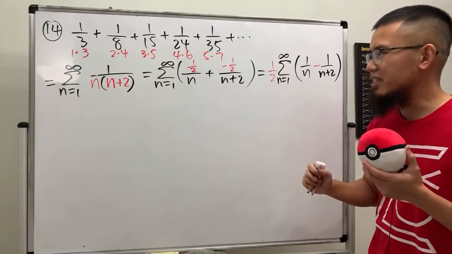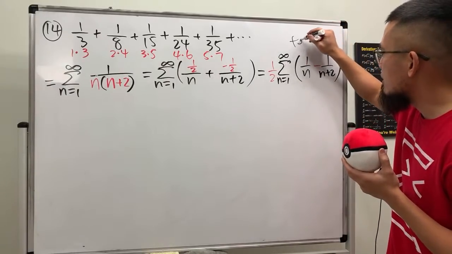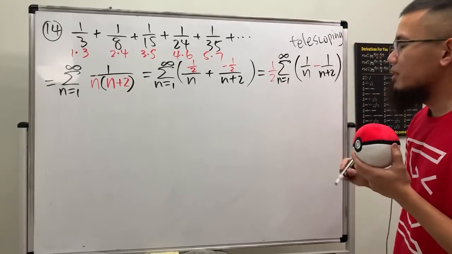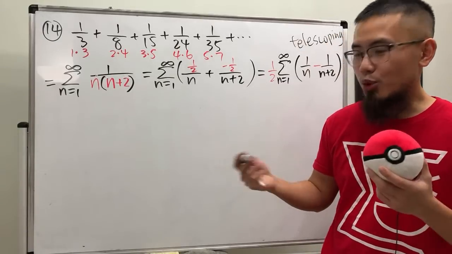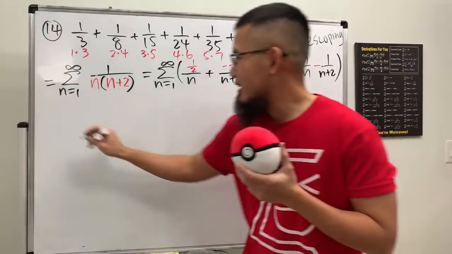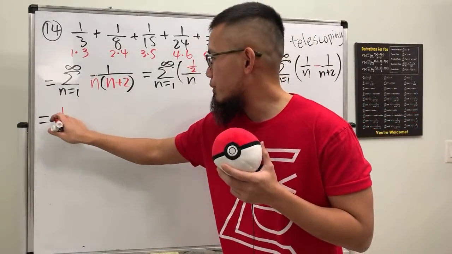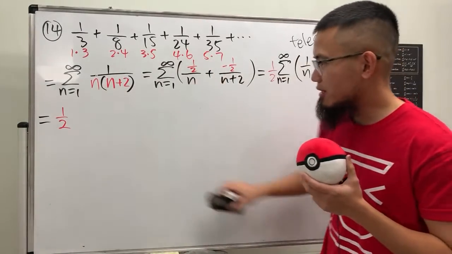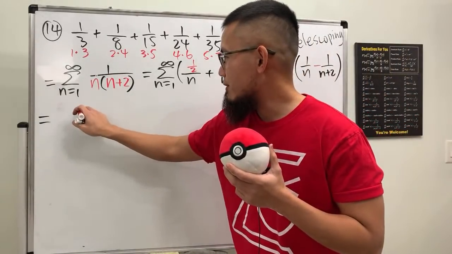So this is the indicator that this is a telescoping series. So let me just write this down right here. This is the telescoping situation. And I'm just going to do the short way, the super way to do this. Here we go. We have the 1/2. Go ahead and just put that down all the way in the front. And actually, I still need some space in the front, so let me put down 1/2 right here.